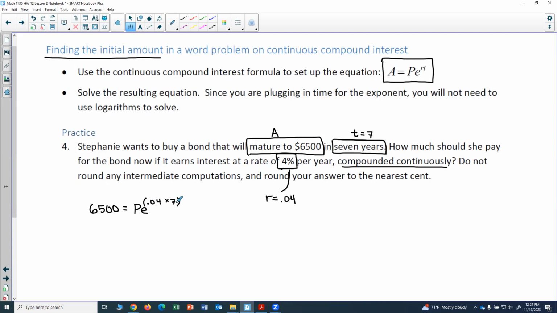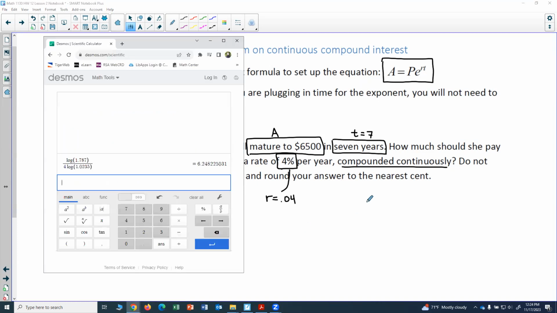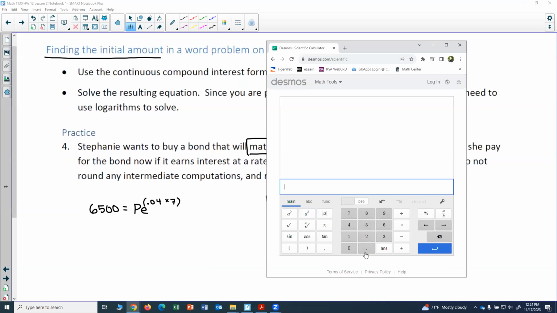I want to figure out what that number is, so let me plug that into my calculator. 0.04 times 7 is 0.28.